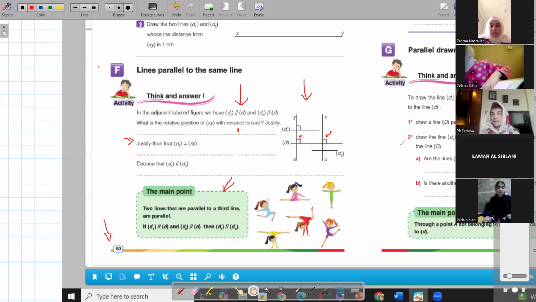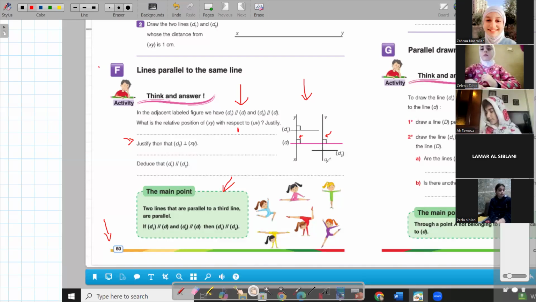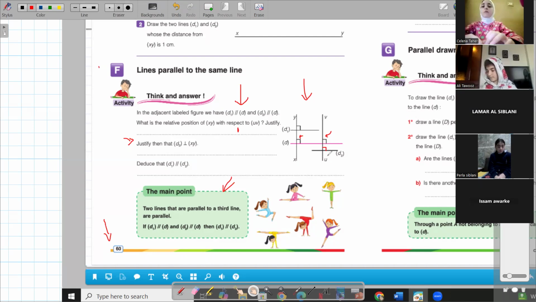Okay, we said that since D2 is parallel to D, as a given, and UV is perpendicular to D, given from the figure, then UV is perpendicular to D2. So we proved that UV is perpendicular to D2 since D and D2 were parallel, given, and UV is perpendicular to D, given. So UV is also perpendicular to D2.